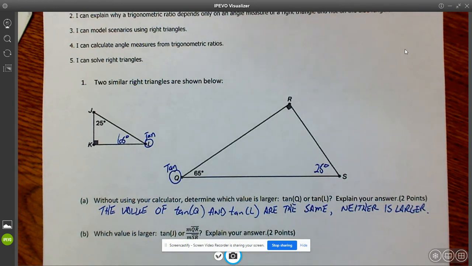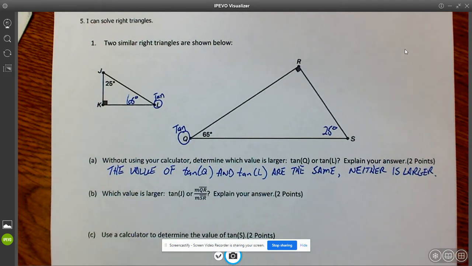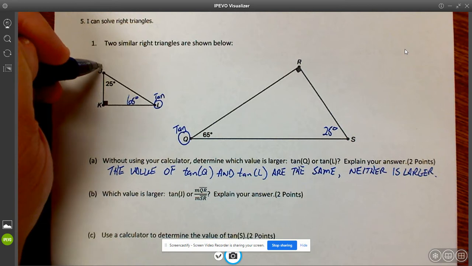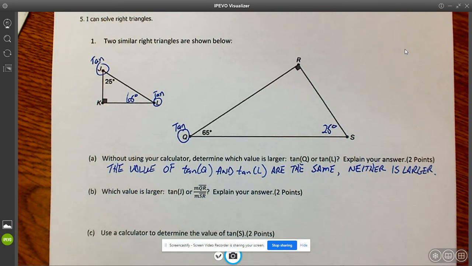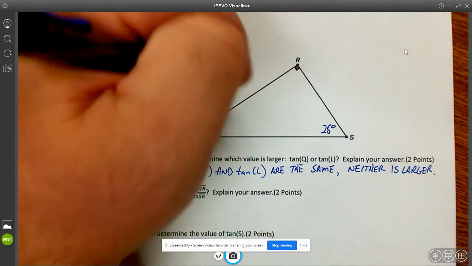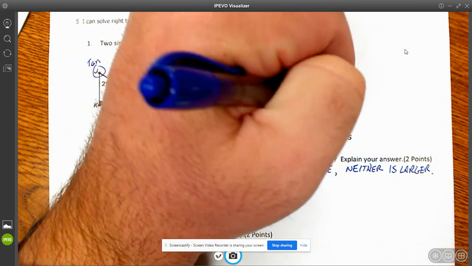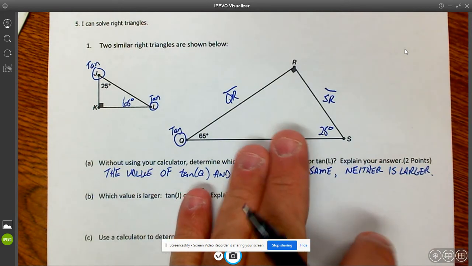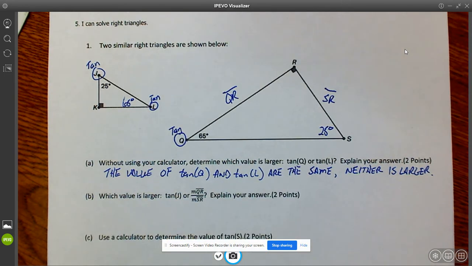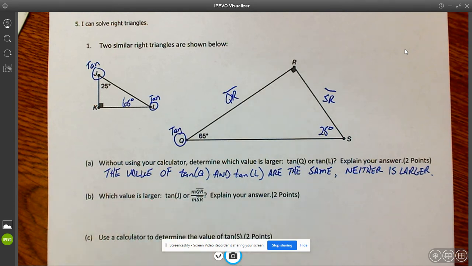Now, a majority of you got this one correct, but when it came to this one, which value is larger? Tan of J, or the measure of QR over the measure of SR. Because this one was larger, a lot of you said that QR over SR is larger because the triangle is larger.